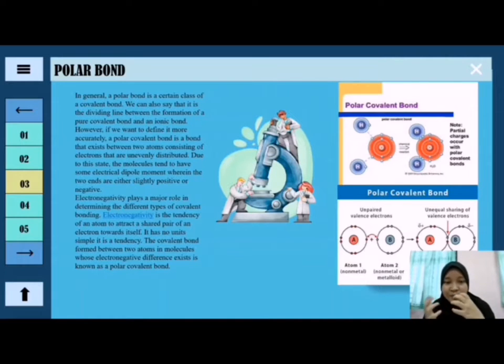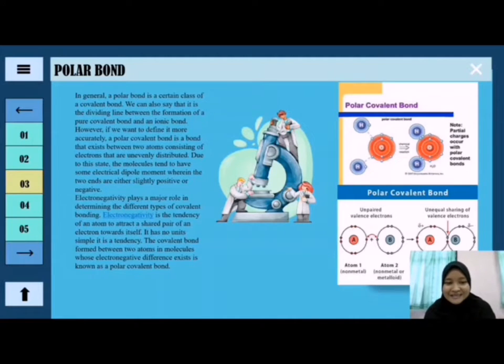Due to this, the molecules tend to have some electrical dipole moment wherein the two ends are either slightly positive or negative. Electronegativity plays a major role in determining the different types of covalent bonds. Electronegativity is the tendency of an atom to attract a shared pair of electrons toward itself. It has no unit, it is a tendency. The covalent bond formed between two atoms in molecules whose electronegativity differs is known as a polar covalent bond.